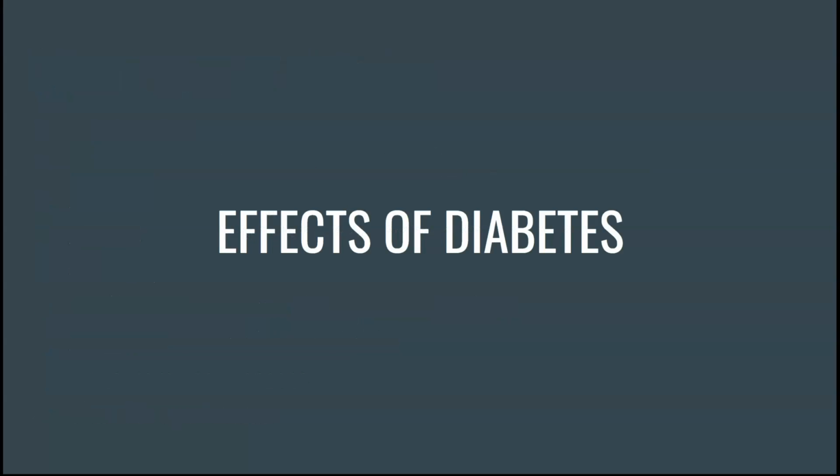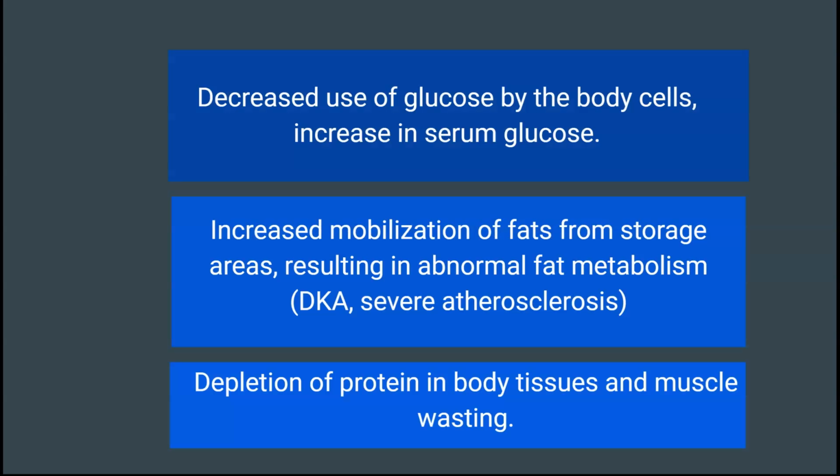Diabetes is kind of one of those diseases that has a lot of widespread effects. So beyond the decrease of glucose in the body cells, which means therefore decreased glycogen, the circulating blood sugar is elevated.